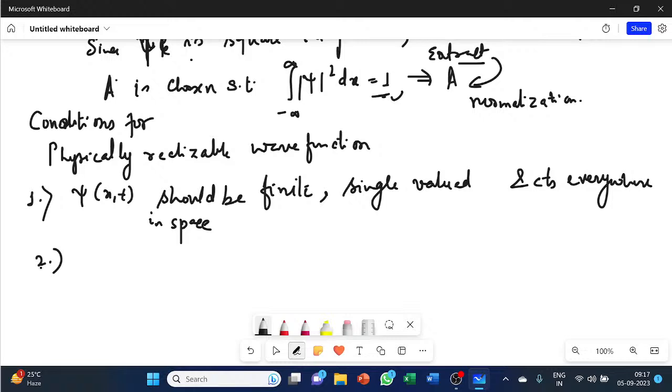This is one thing. Second, that we've already seen, psi(x, t) must be contained in the set of squarely integrable functions, that is, it must be squarely integrable.